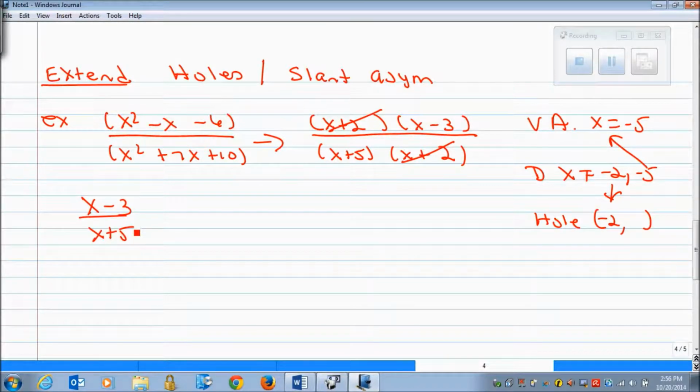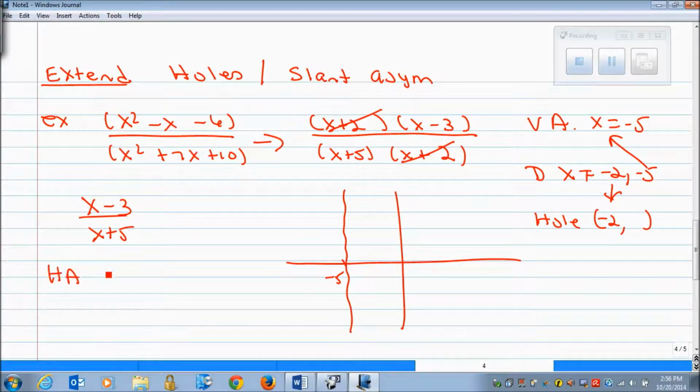And to graph that, we're going to graph our vertical asymptote at negative 5. We're going to look at horizontal asymptotes. Well, the degrees are the same, so our horizontal asymptote would be y equals 1. We have a hole at negative 2.